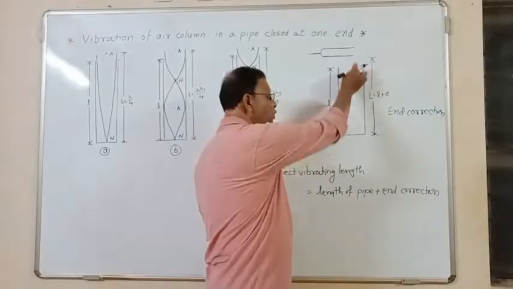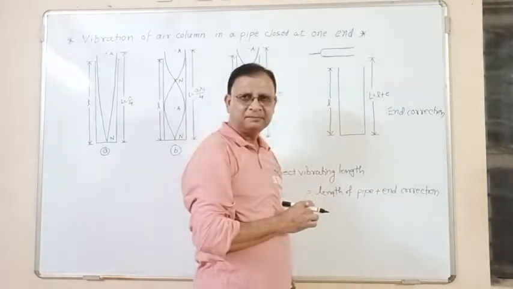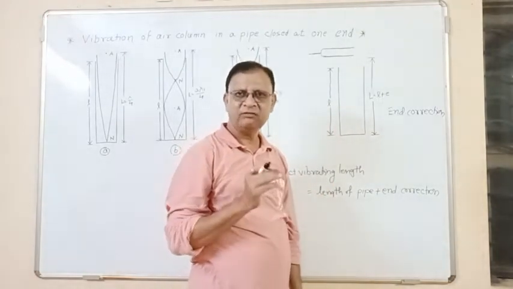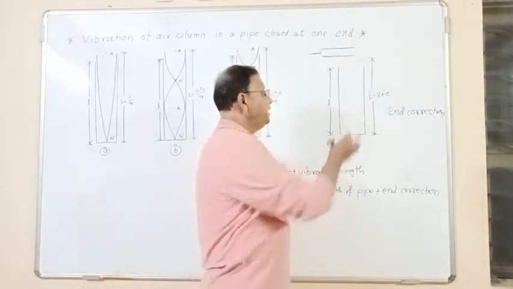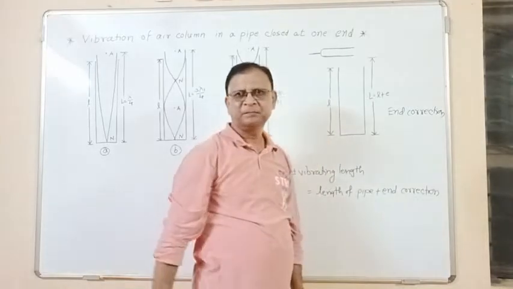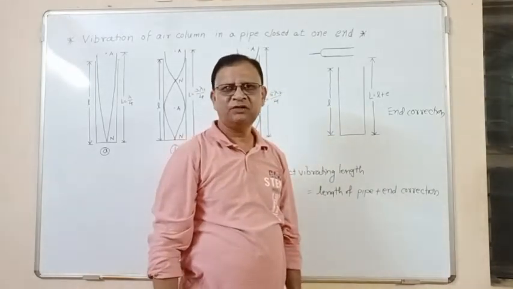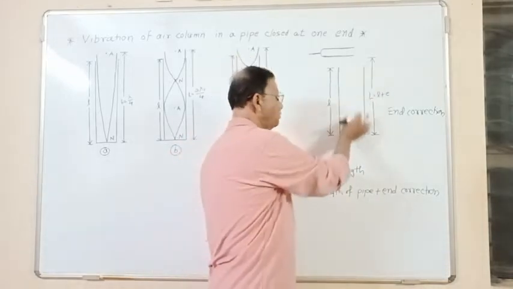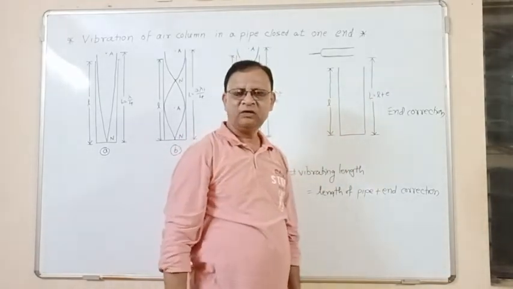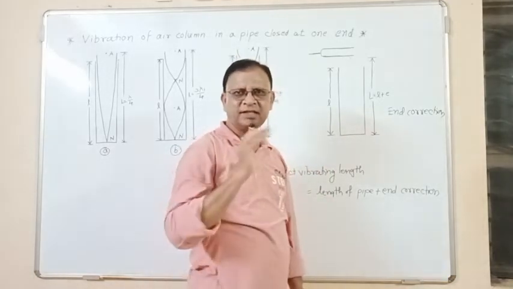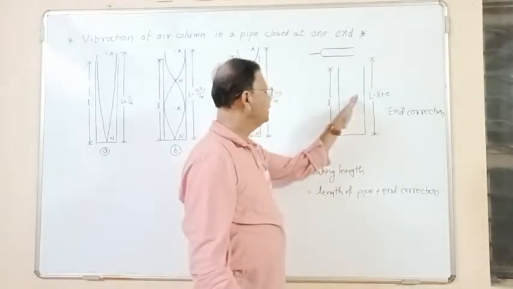So there are two identical waves having the same amplitude, the same frequency, the same wavelength, and these are traveling along the same path but in opposite direction, which satisfies the condition for formation of the stationary wave. So a stationary wave forms in this air column. That means this air column vibrates, and which creates the stationary wave in the air column.